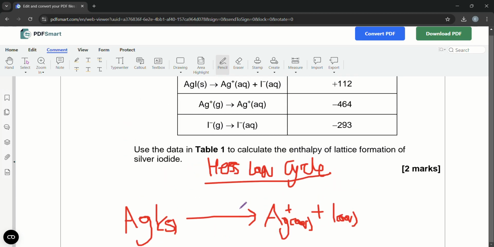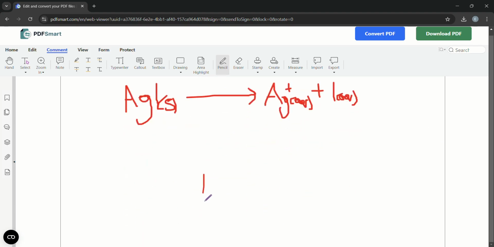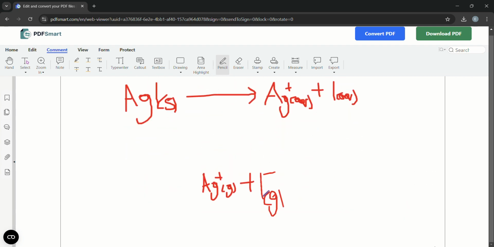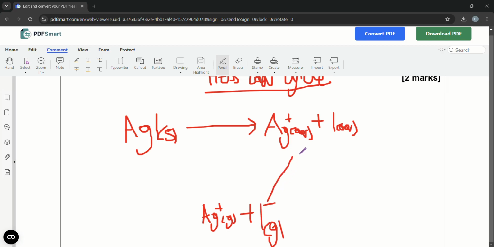And we've got the gaseous ions on the bottom, so Ag+ gas plus I- gas, and we know it is a lattice formation, so the arrows will point upwards.